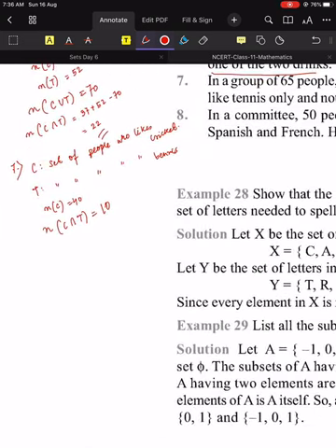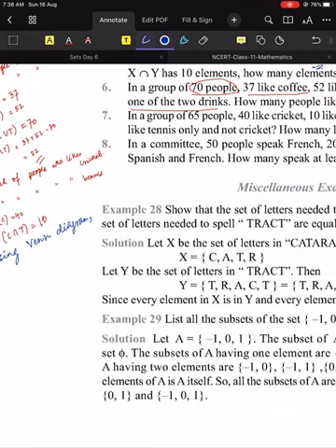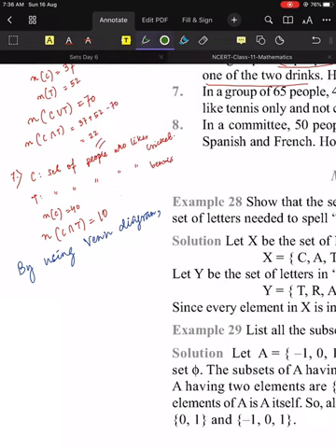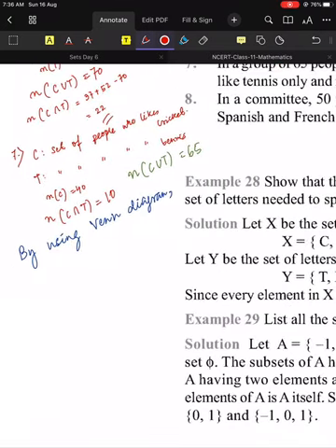So let's do one thing, let us use a Venn diagram here. Another thing, in a group of 65 people, so N of C union T is also given, that is 65. Now by using a Venn diagram, let's solve this question.